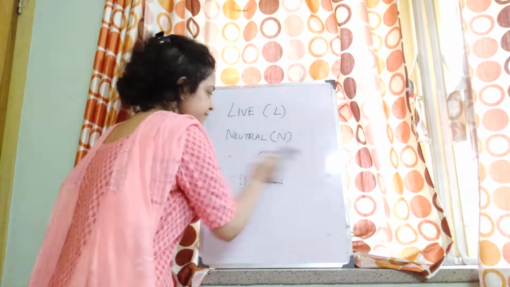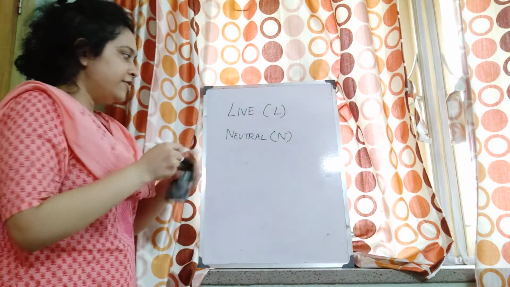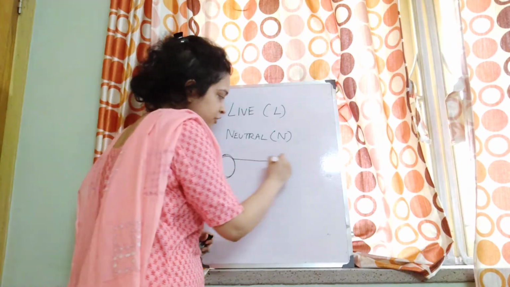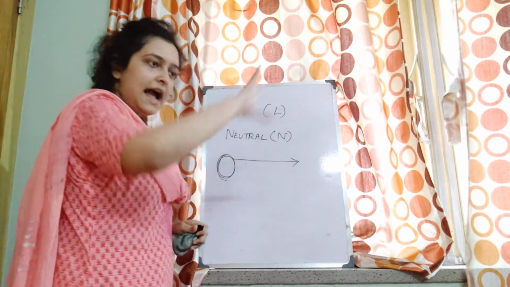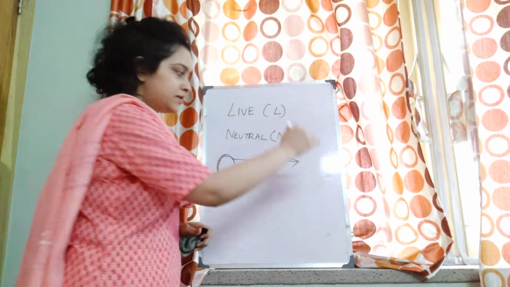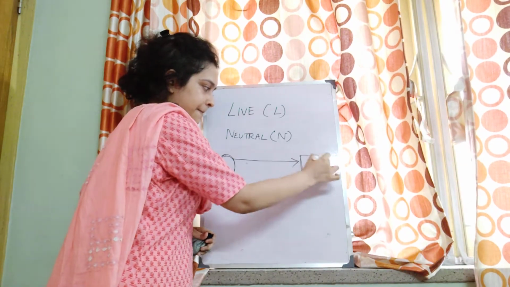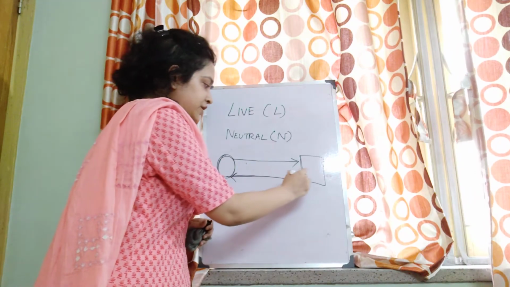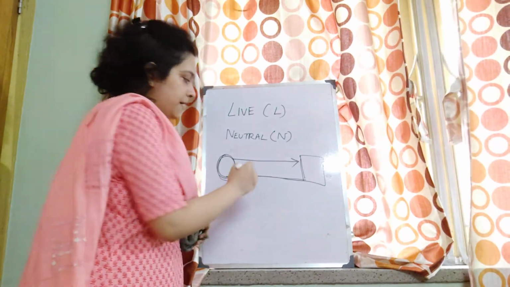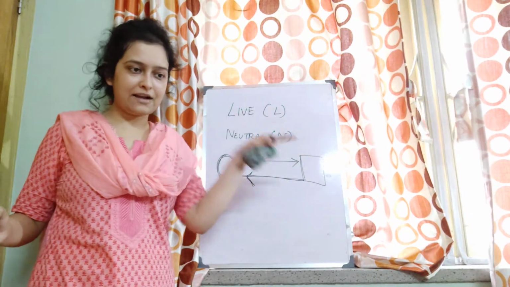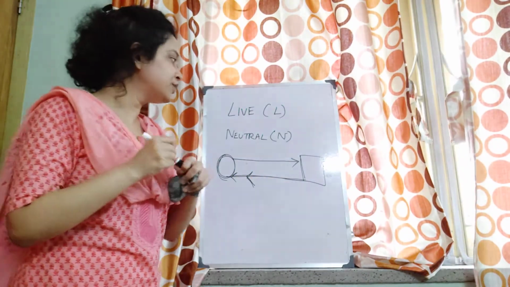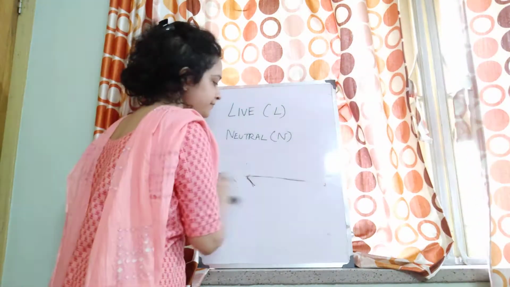So from the city substation, if the live wire carries the current to the household supplies, we need a wire which will provide the path for the current for the backflow. Complete circuit, right? So the neutral wire does that job.